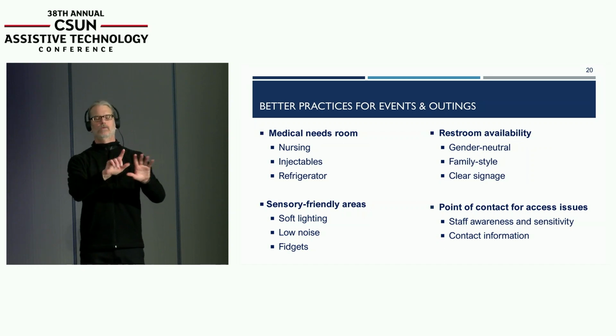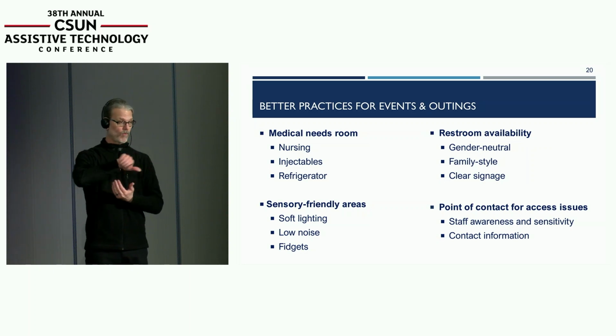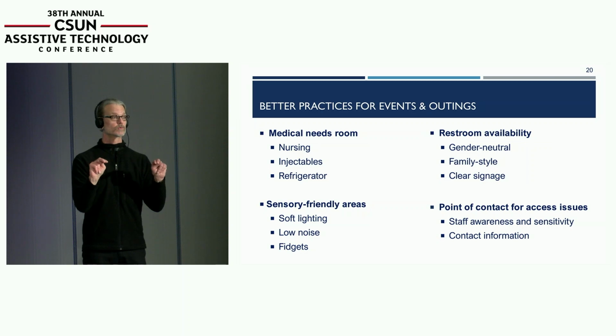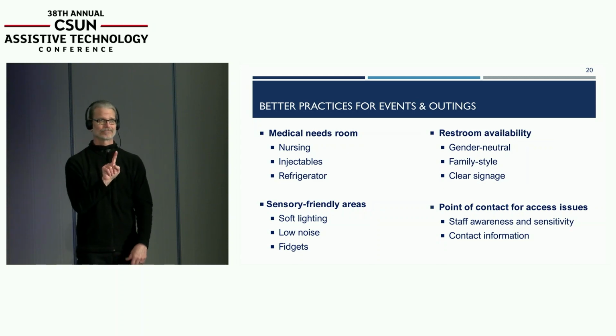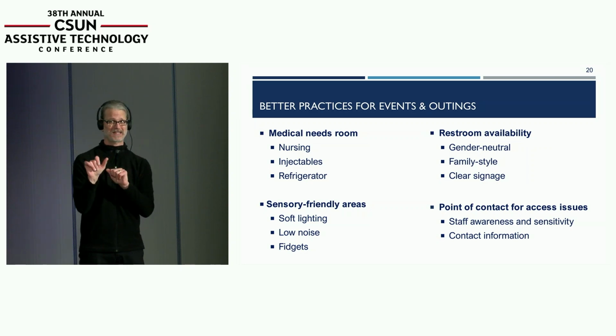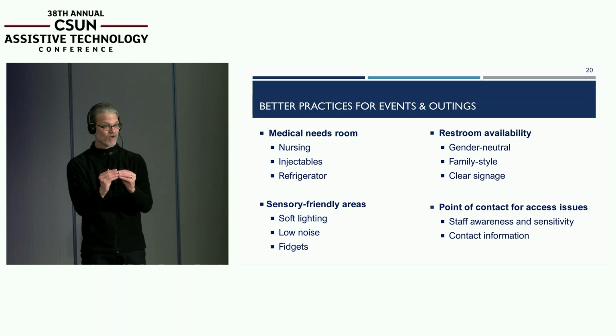Restroom availability is absolutely key for everyone. Providing gender-neutral restrooms as a default can be extremely helpful because it can be awkward for someone to have to approach and ask, well, could you modify one of these restrooms to make it gender neutral? Having to do that on the day of a conference, it just can be awkward.